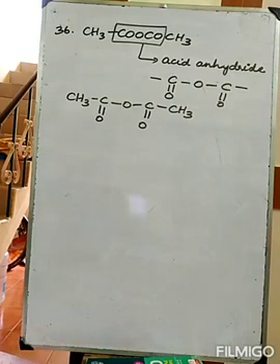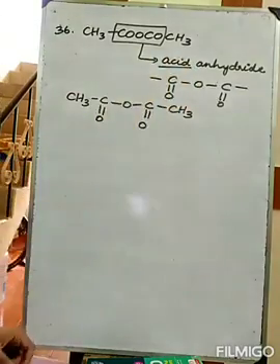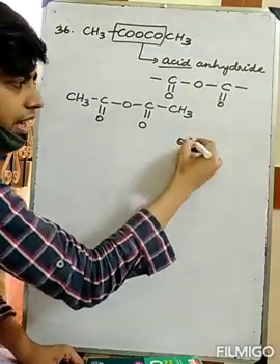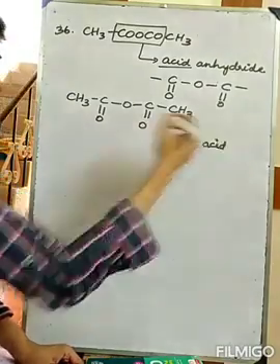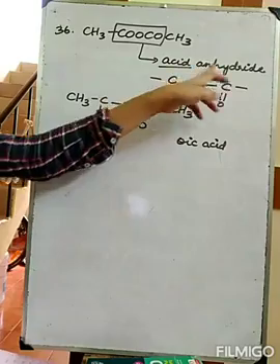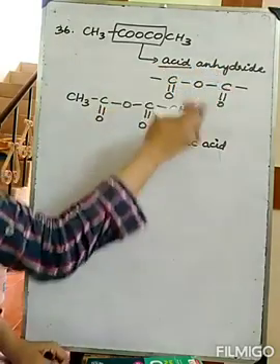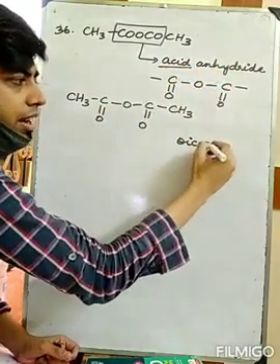Okay. Acid anhydride. So for acid, what is the suffix you will be adding? Oic acid. Since it is acid anhydride, you should be adding the suffix oic anhydride.